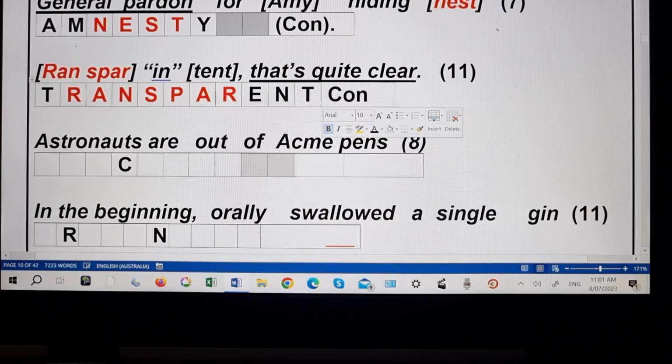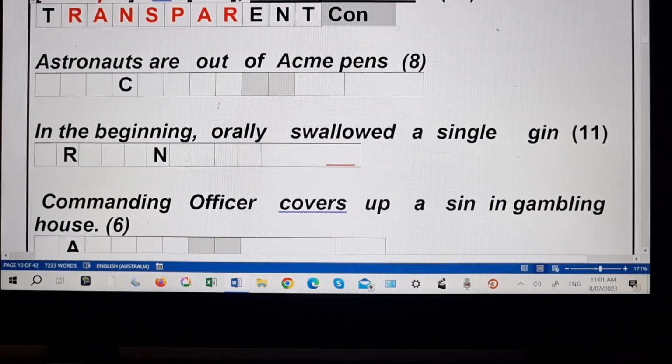These are easy ones because the answer uses the actual text in the clue. In the harder ones, you won't get that. Ren Spa will be a synonym. You have to get a synonym of Ren Spa, and you might have to get a synonym of tent, so it does not become as obvious. But that's how they work. You see that? Righto, next one.